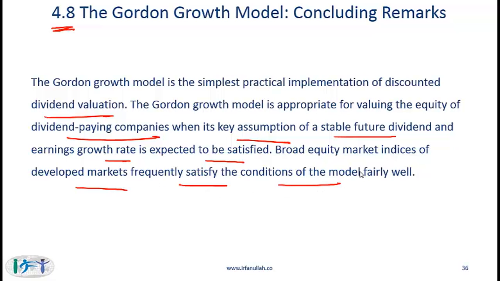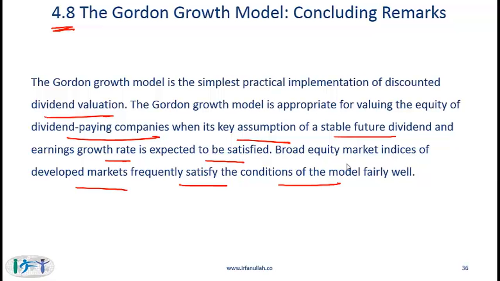So if you are taking a macro picture and you are trying to figure out whether the US stock market is currently overvalued or undervalued, then what this statement is saying is that generally speaking, on average, the stocks in a given exchange will grow at the rate of the economy. So there will be some sustainable growth rate.